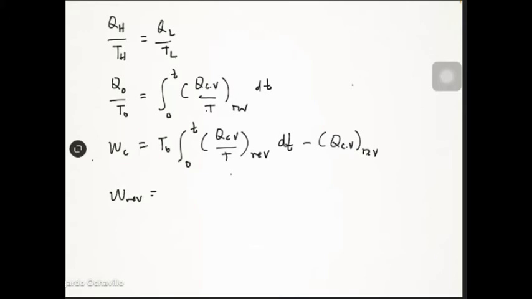So our WC here is T0, substituting this relation from our Q. So we have T0 times M2 S2 minus M1 S1 plus the summation of M_e S_e minus the summation of M_i S_i, minus QCV considering a reversible process.